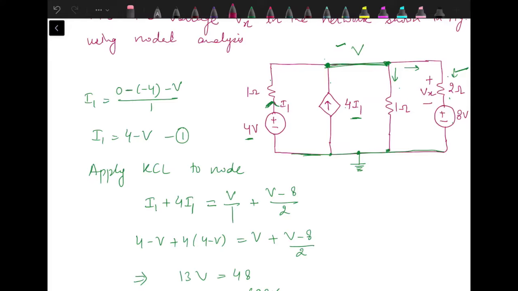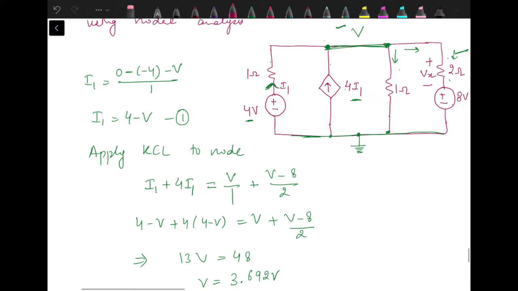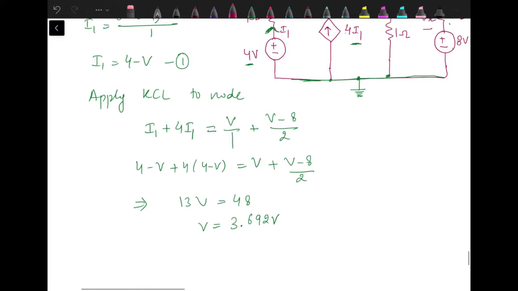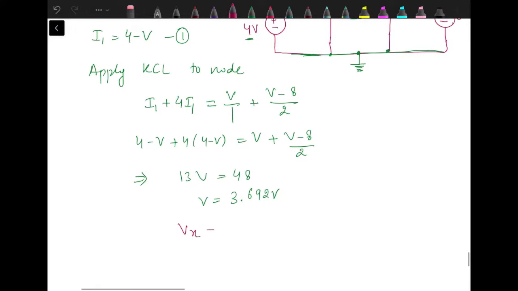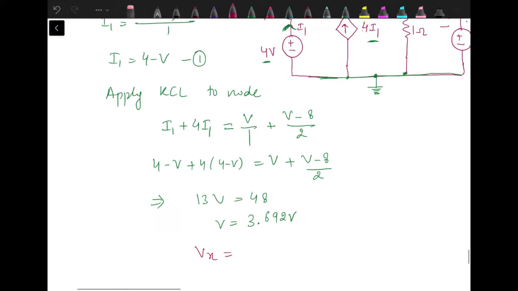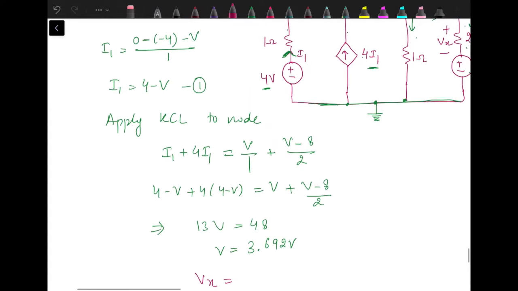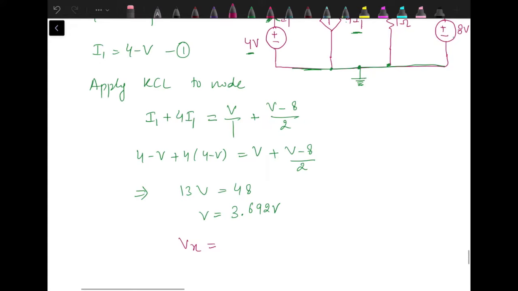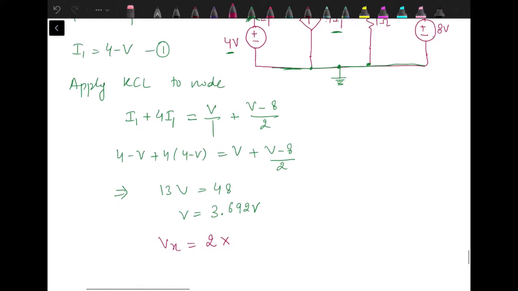The question was actually to find out Vx. Now Vx can be found by applying KVL or by the voltage division rule. If we apply the voltage division rule, then it will be equal to 2 into V minus 8 by 2.